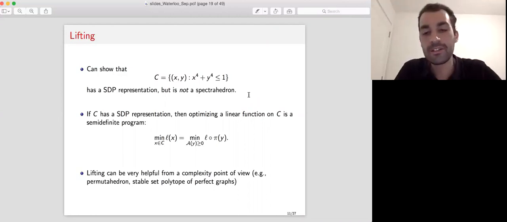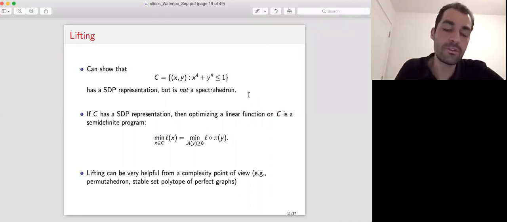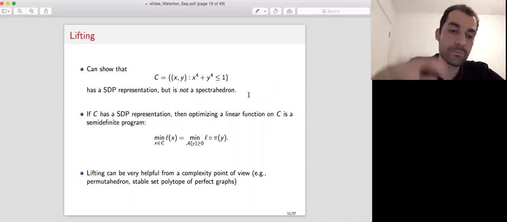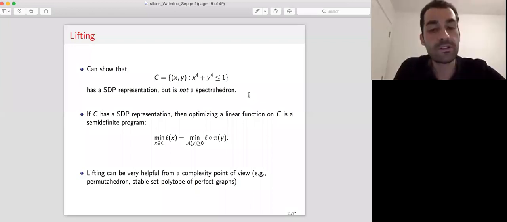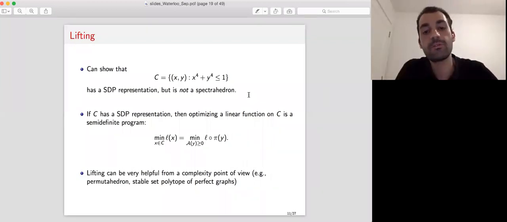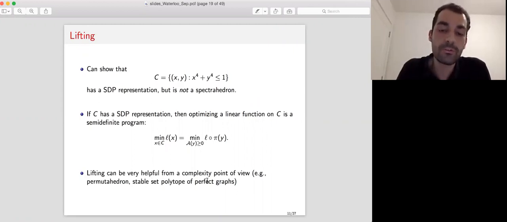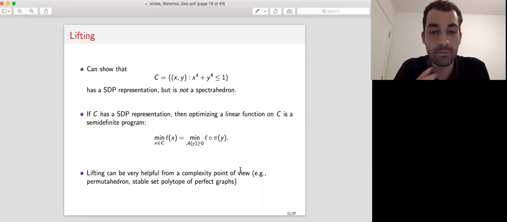There are very classical examples like the permutahedron, which has an exponential number of facets, 2 to the n facets, but you can write it as the projection of the convex hull of permutation matrices, the set of doubly stochastic matrices, which has a polynomial size description. And another classic example is the stable set polytope of perfect graphs, which Lovász shows has an SDP representation using the theta bodies and so on.